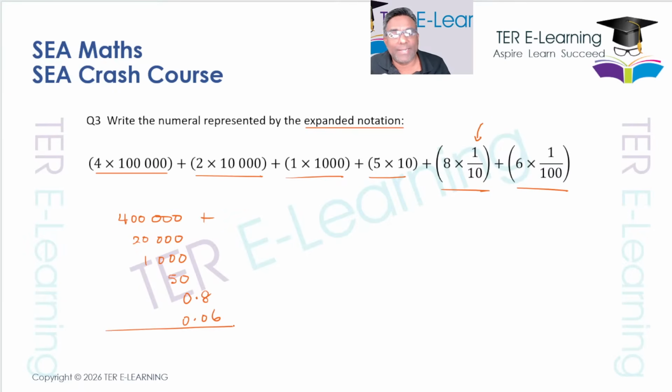So basically, in expanded notation, this is going to be 6, this is going to be 8, this is going to be 0, this is 50, this is 0, this is 1, this is 2. So it is 421,050.86.